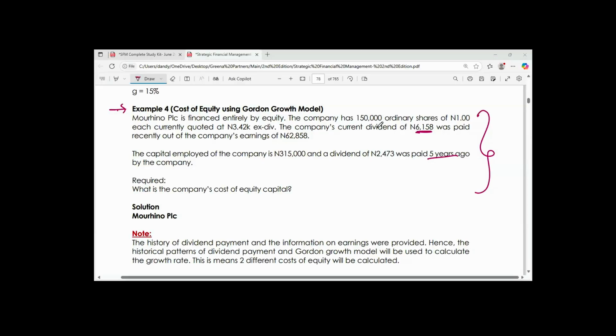You can decide to restrict your number to 1 decimal point or 2 decimal points, or you round your number. But where the examiner is specific that you should round your calculation to a whole number, then you have to follow the examiner's instruction. But where there's no instruction, you can do it anyhow you like. Is that fine? That's fine. Thank you very much, sir. Yeah, welcome.